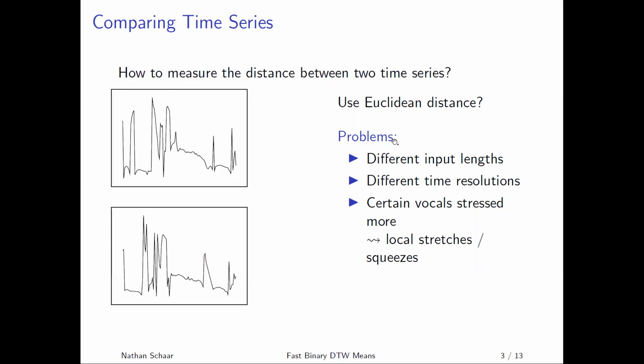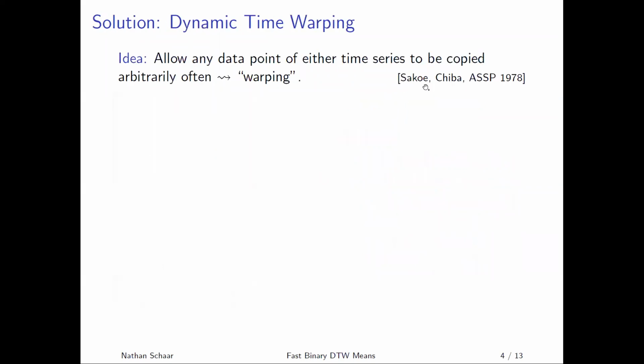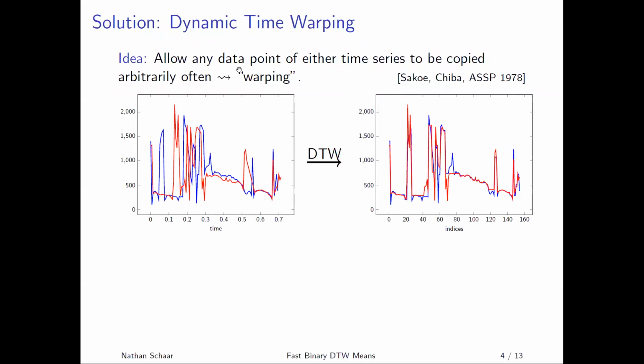To solve all those problems, Sakoe and Chiba came up with the dynamic time warping distance. Here, the main idea is that we can copy any data point of any of the time series arbitrarily often. So what would this look like?